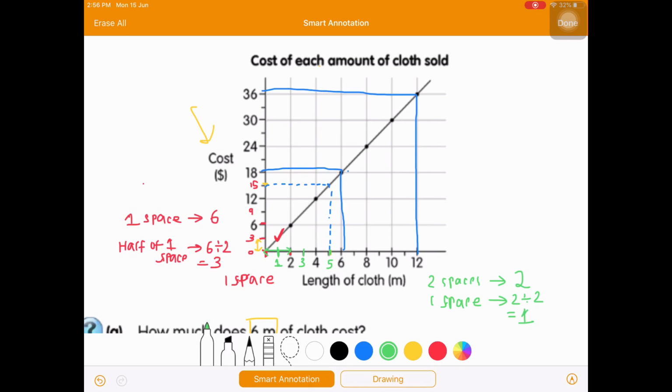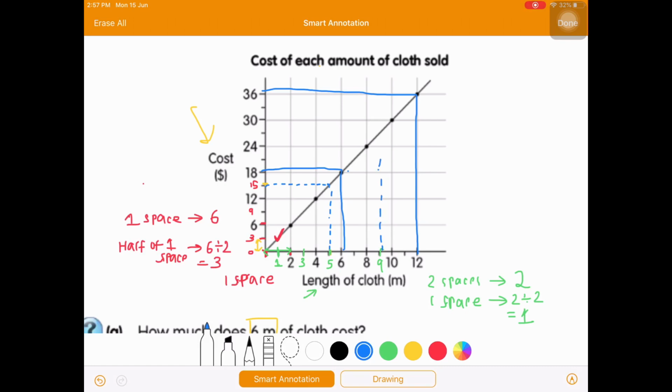We know that this is the length. So let's start with this scale. 9 will be here. This is 9. So to find how much does 9 meter cost, I have to draw a line to touch the line graph.